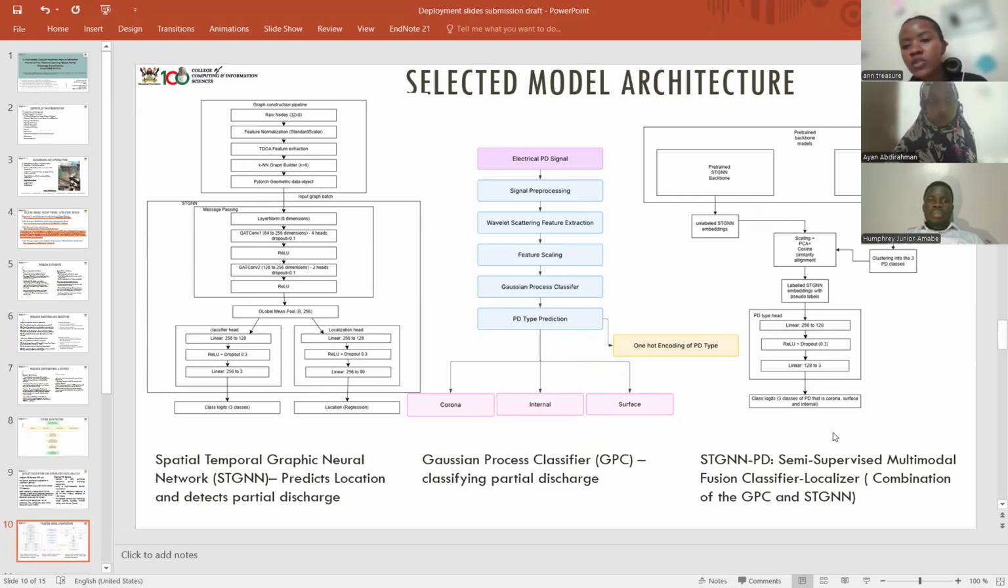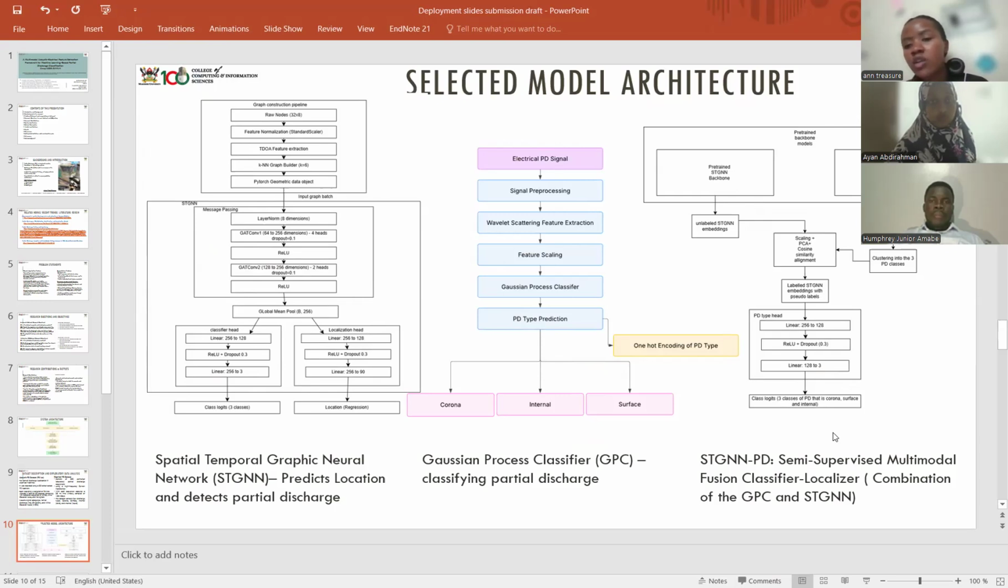So what we did was to scale the data to make sure that both the acoustic embeddings and electrical embeddings appear on the same scale. And then we used cosine similarity alignment, whereby first of all we had to cluster the electrical embeddings into the different clusters of the different partial discharge types, and then use this alignment to find out which acoustic embeddings seemed closer to each of these clusters.